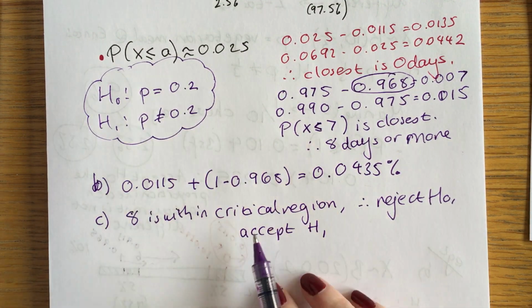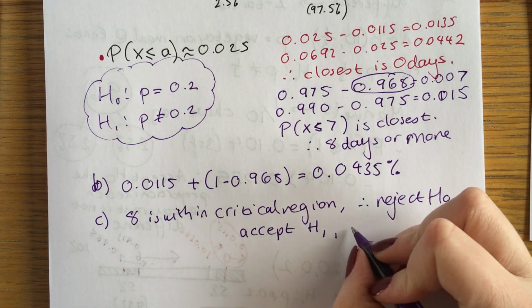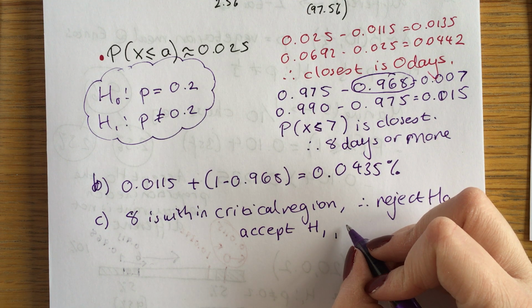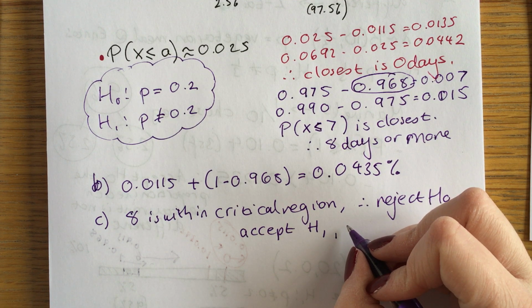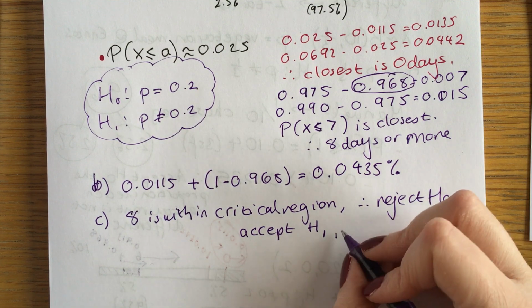So we reject the null hypothesis and accept the alternate, which is that, is there a name for this hospital? No, it's just a hospital.